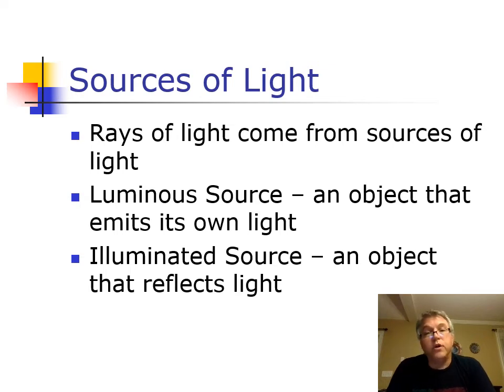The reason why you can't see me is because all you can see is the light being reflected off of me. Our eyes are designed to see reflected light, and that is their only job. So as the light is reflected off of my skin, off of my shirt, off of the wall behind me, it's going into the camera, which is then going into your eyeballs. And your eyes see all of that reflected light. So that's what your eyes do.